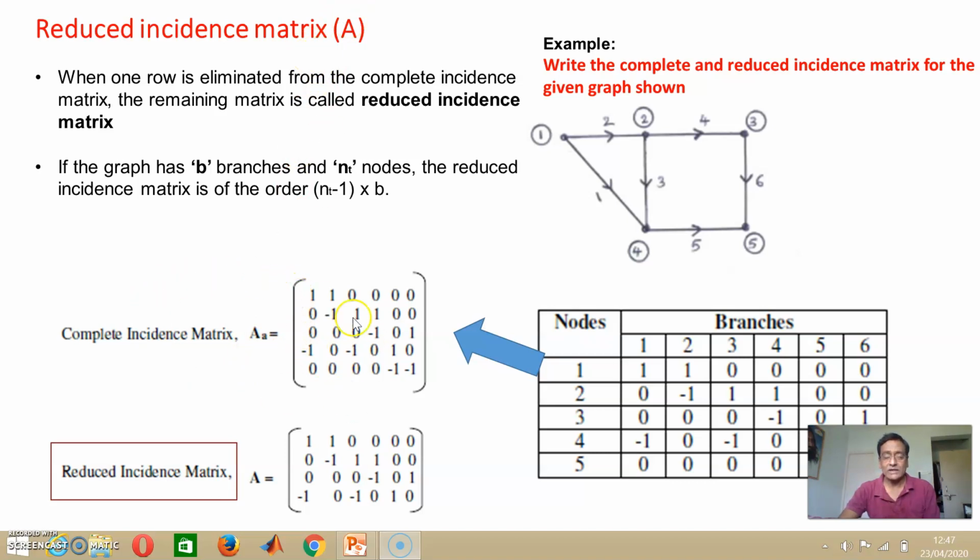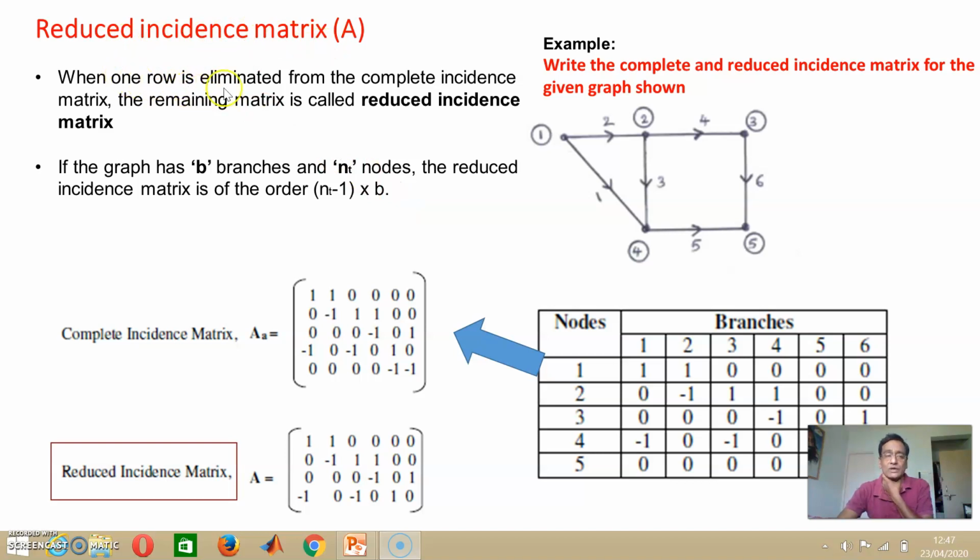And all of you know that this complete incidence matrix has some rows and columns. Rows represent nodes, and columns represent branches. So the dimension will be nodes by branches. Okay, so let us see what is written about the reduced incidence matrix.